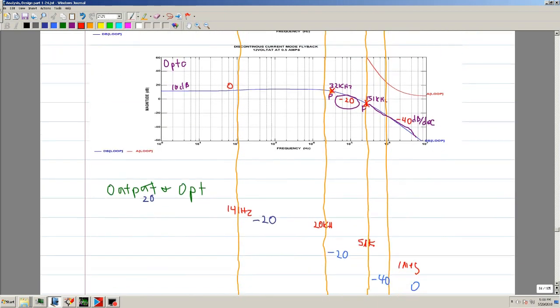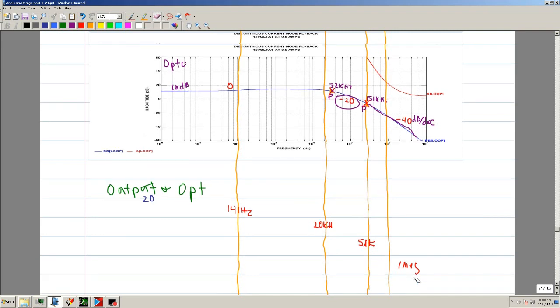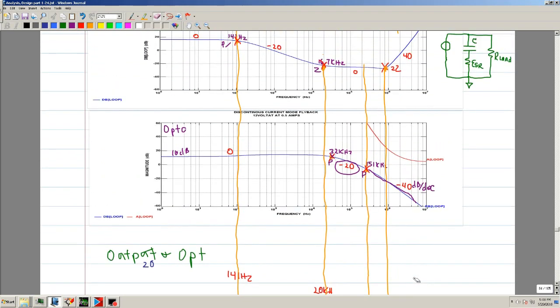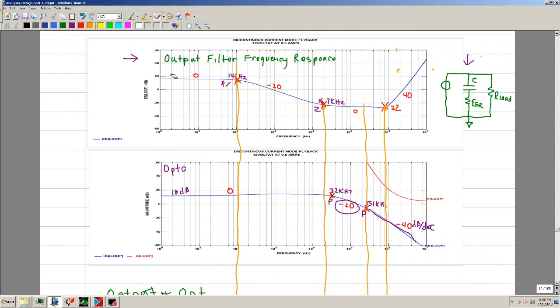And now what we try to do is we algebraically add the slopes. Okay. In other words, we're going to try to predict, if we were to add the frequency response of your output filter and the response of your opto, they should total a dominant or a total response.